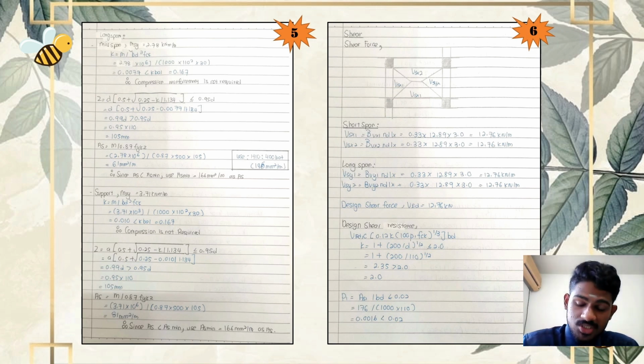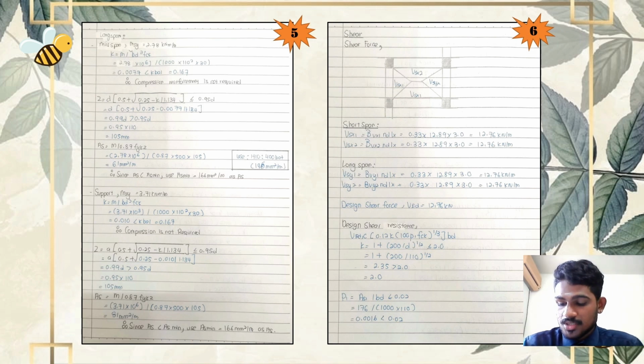For the long span, same as the short span, VSY1 equal to 0.33 times 12.89 times 3.0 equal to 12.76 kilonewton per meter, and also VSY2 equal to 0.33 times 12.89 times 3.0 equal to 12.76 kilonewton per meter.